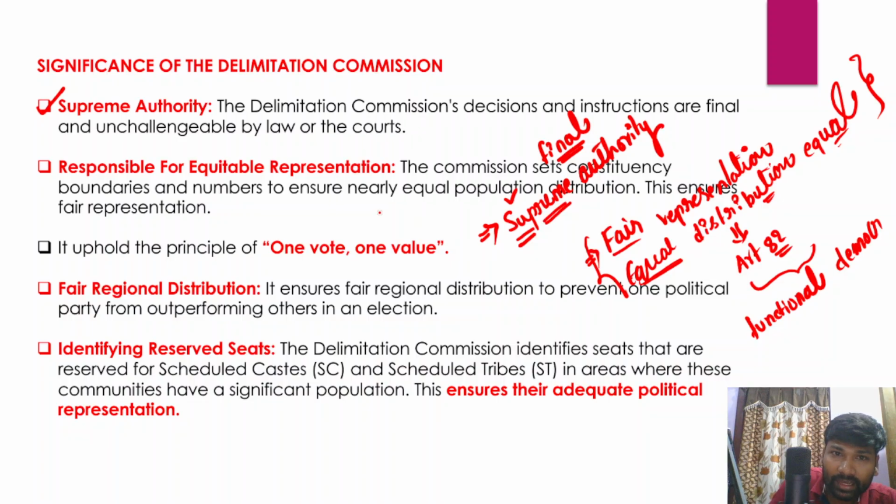And in fact, in India, we follow universal adult franchise, where everyone above 18 years of age is given the right to vote. There will be no distinction of caste, race, religion, or region.